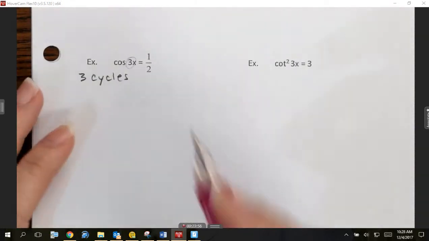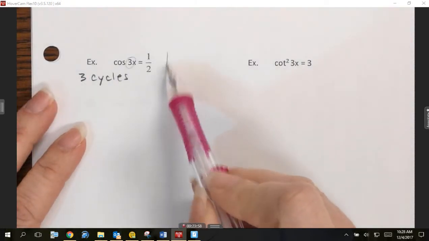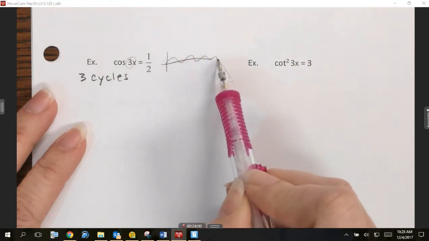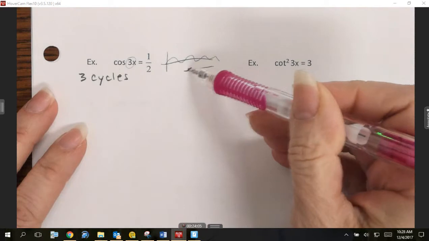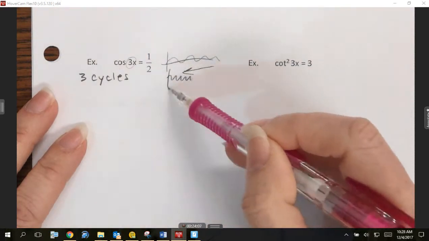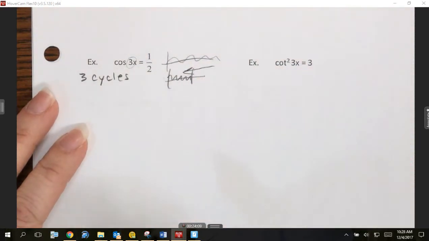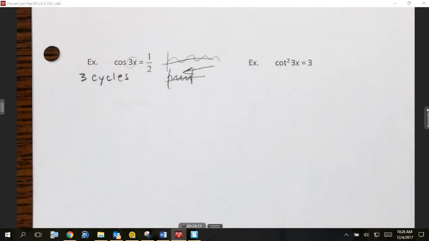So we're going to find the x-intercepts for 3 full cycles, then we're going to shrink them in so they all fit between 0 and 2 pi. So we're going to do 2 steps.